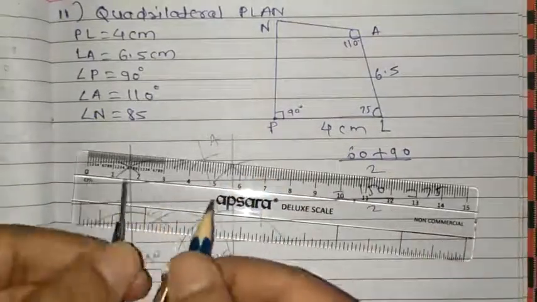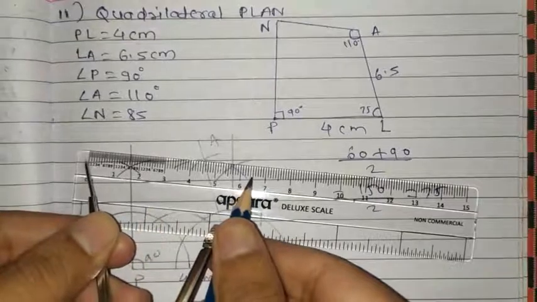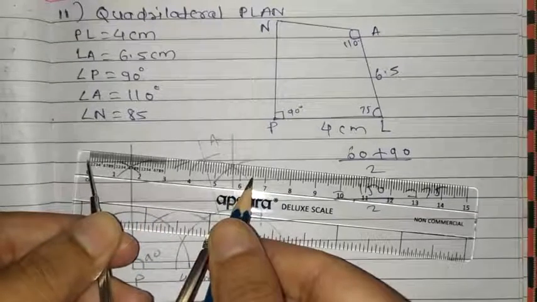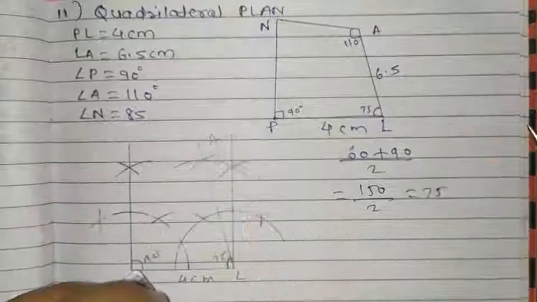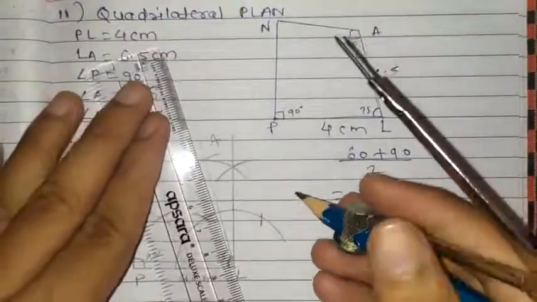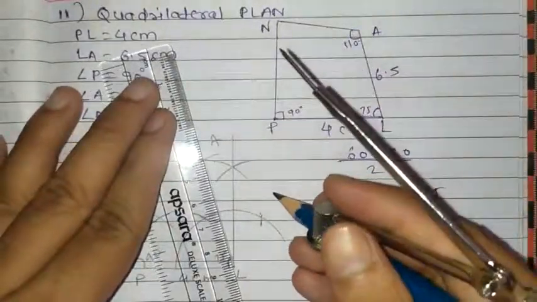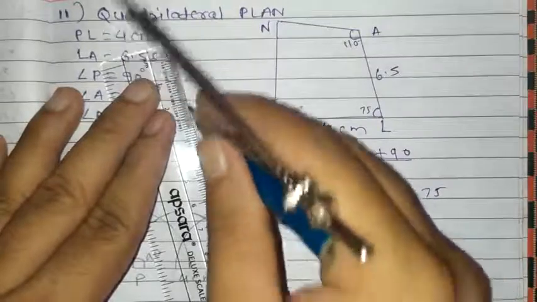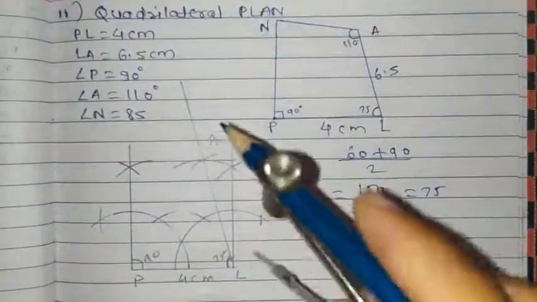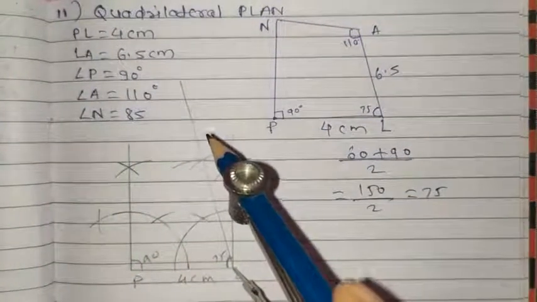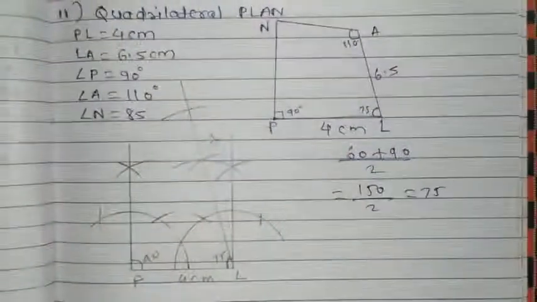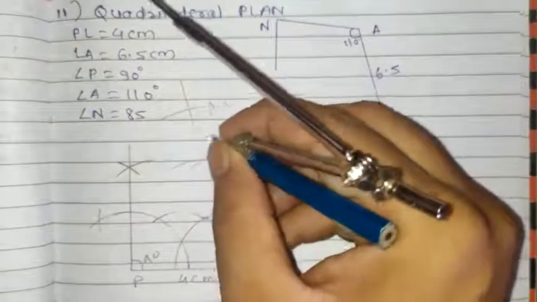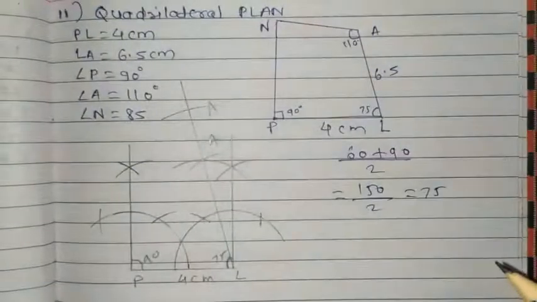It is given 6.5, you have to make it. So you just increase that line a little bit, whichever you have drawn, so that we can get the 6.5 that we have already taken as measurement. So that is 6.5. So this is point A. Okay, we are getting A here.